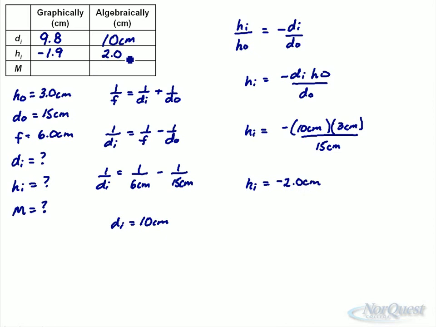from our graphical answer. Now do our magnification. Magnification HI over HO. Let's use the graphical numbers first. 1.9 over 3. So 1.9 divided by 3 gives us 0.63 times.